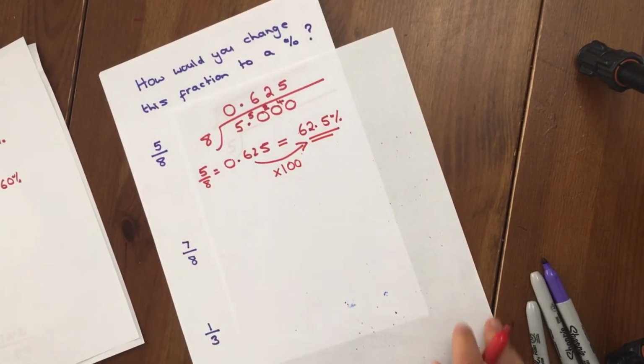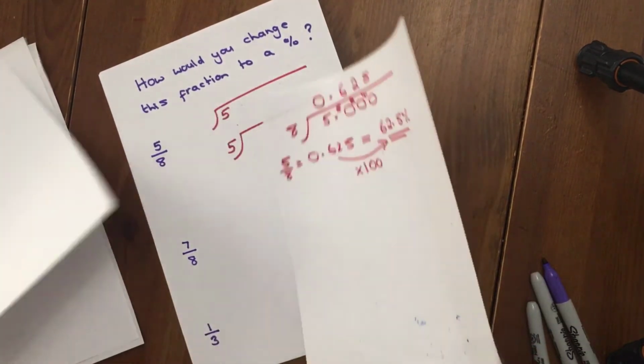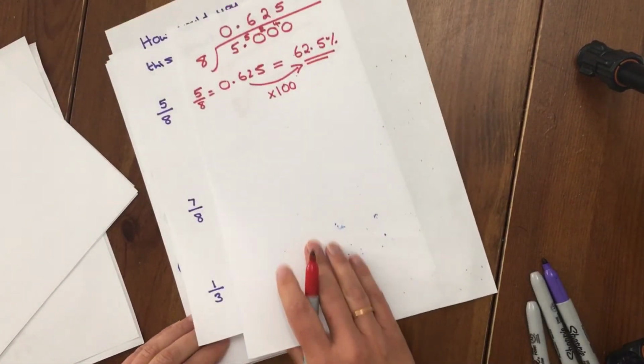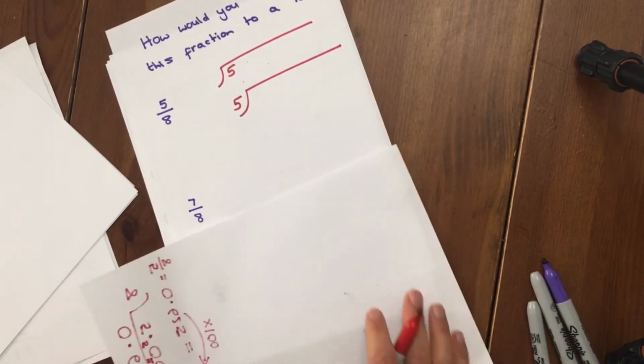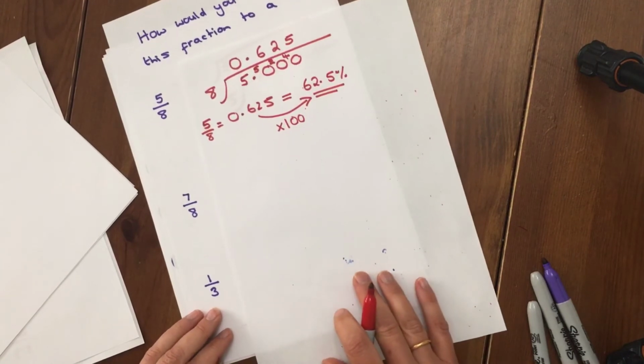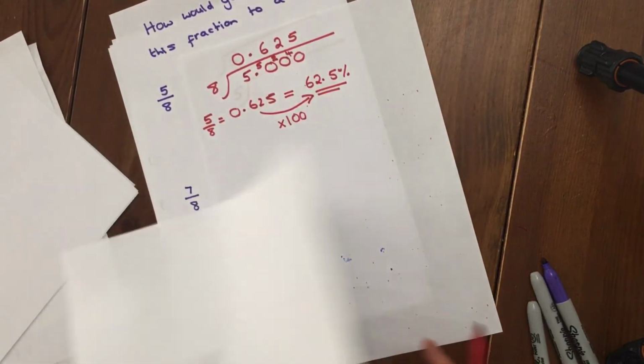So, I'd like you to have a go at one of those. Just have a go at this one here, 7/8, using the same method as for 5/8. Okay, so just have a go at that one.